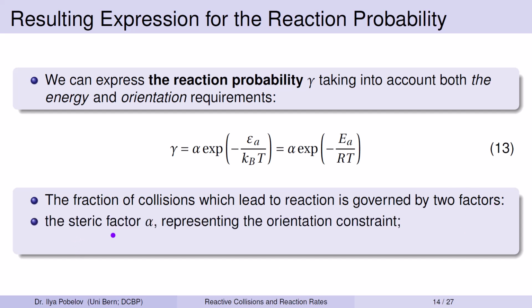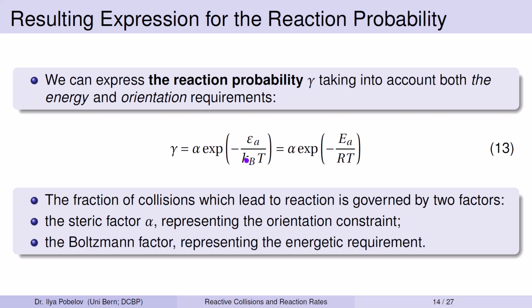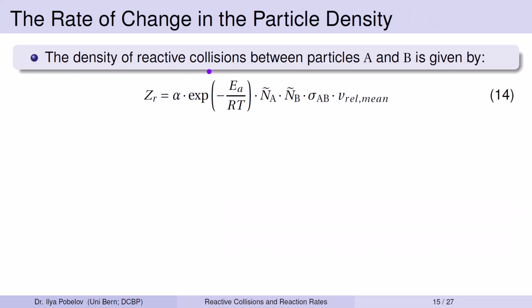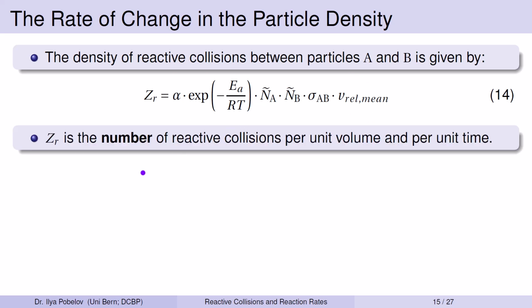First, the steric factor alpha, representing the orientation constraint, and second, the Boltzmann factor, representing the energetic requirement. The density of reactive collisions between particles A and B is therefore given by this expression. It tells us the number of reactive collisions per unit volume and per unit time.